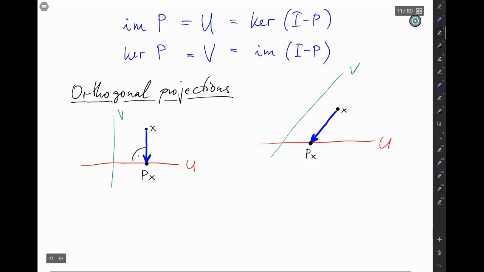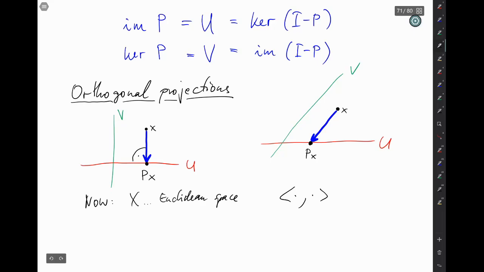Good. Now let's come to orthogonal projections. So if you want to speak about orthogonal projections, then you need orthogonality. So you need a scalar product, so you need a Euclidean space, at least, possibly Hilbert space. So in particular, you have your scalar product, and together with the scalar product, you have a norm.